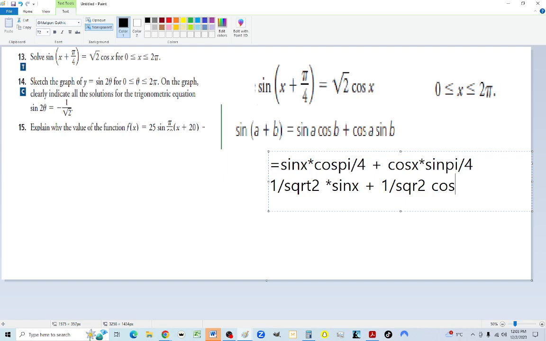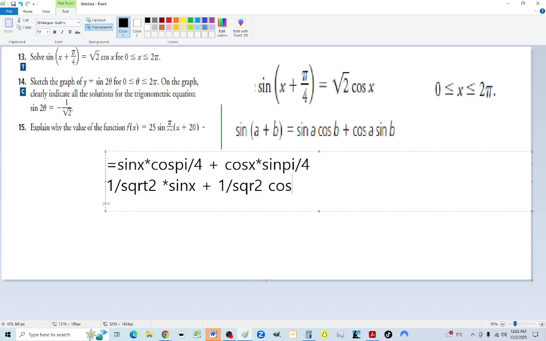And it's all going to be equal to square root of 2 cos x. We're going to multiply everything by square root of 2. And if you multiply the left side by square root of 2, it gets rid of this, gets rid of this, and it becomes this.